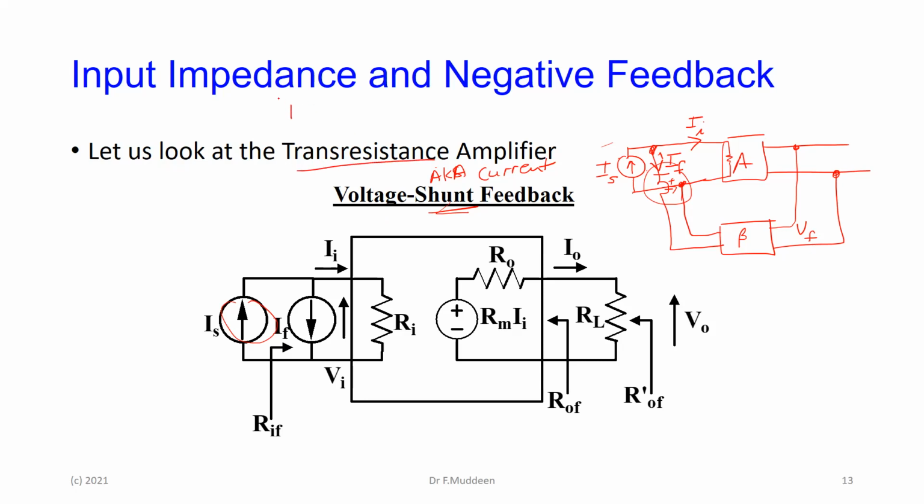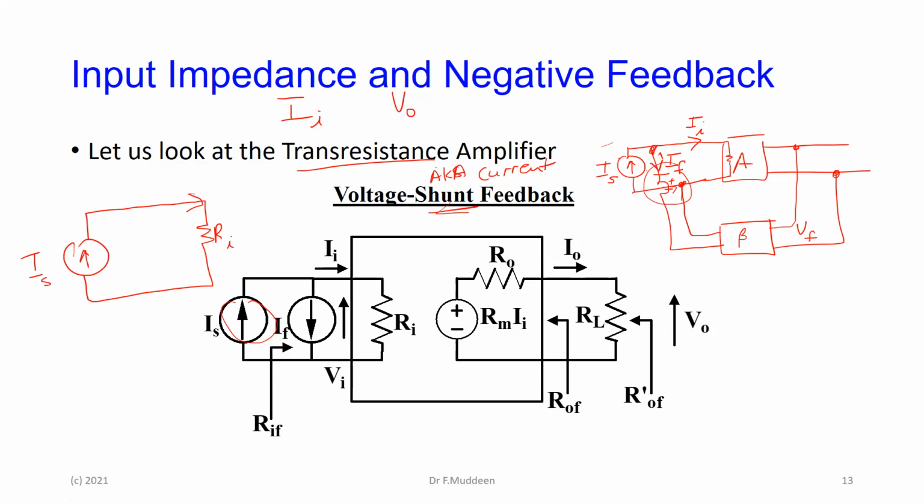Transresistance amplifiers is current in and voltage out, I in and V out. The model for this, if you forget the feedback for the time being, the model for the input is a current source, and of course it has a source resistance, and it's going into the amplifier here, right? So this is my current source, and this is my amplifier input here. Without anything, this current is going straight into the amplifier.